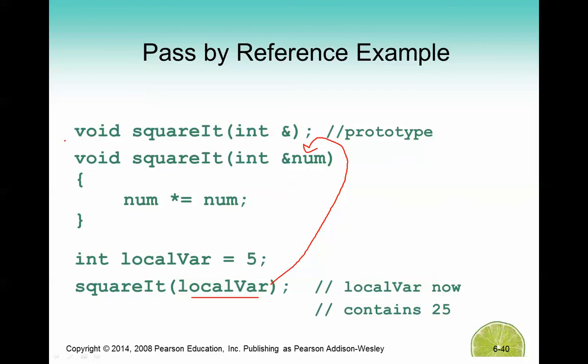I can have another void right here, same name, square it, and have open parentheses, and instead of an INT, have a double. And then my ampersand. This is going to work for any type of variable, local, static, or reference.